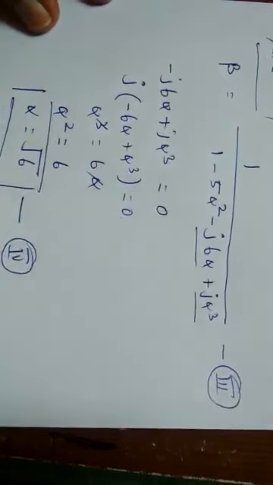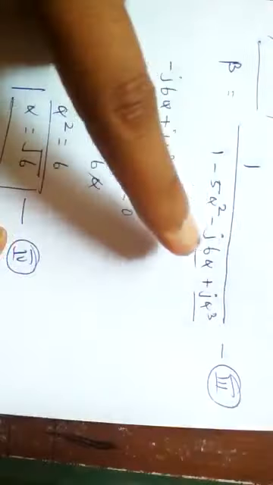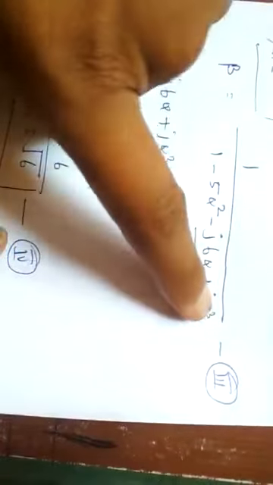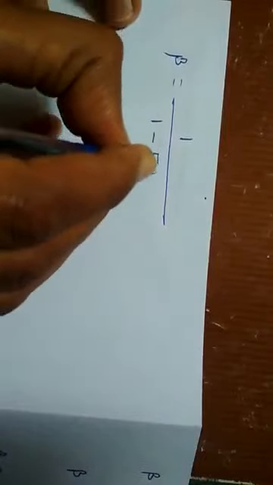So substituting Roman letter 4 in Roman letter 3 and omitting the imaginary terms, beta becomes 1 by 1 minus 5 alpha squared.